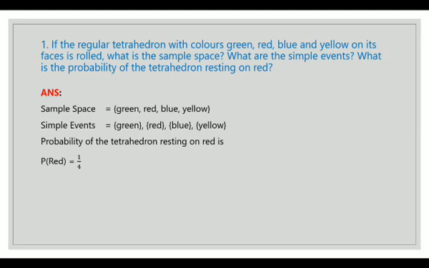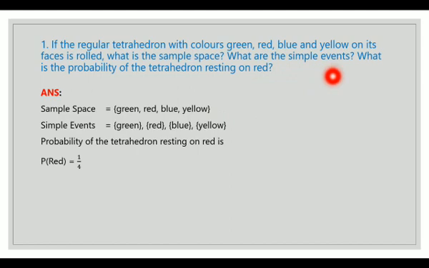So now we will solve problems based on probability. The first question. If a regular tetrahedron with colors green, red, blue and yellow on its faces is rolled, what is the sample space? What are the simple events? What is the probability of the tetrahedron resting on red? So first we have to find out the sample space. The sample space is green, red, yellow and blue.